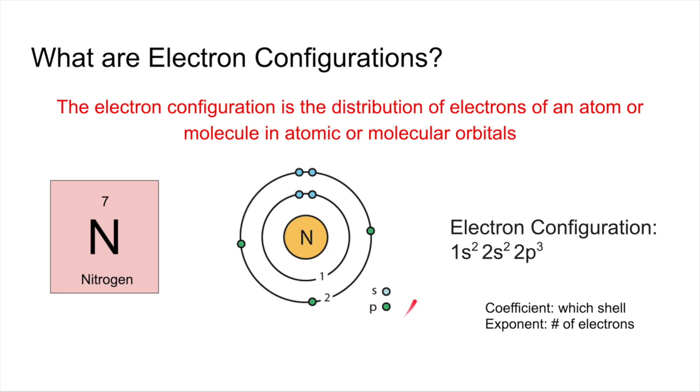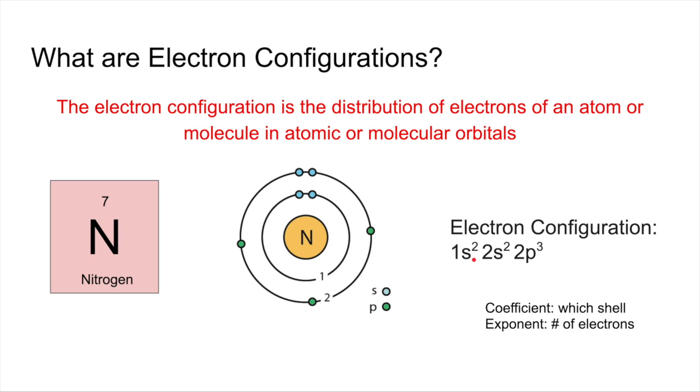So here's the electron configuration for nitrogen. The electron configuration for nitrogen is read as 1s2, 2s2, 2p3, and as you can tell, there are 3 separate parts. The coefficient of each part means which shell that electron corresponds to, and the exponent of each part means the number of electrons in that part.